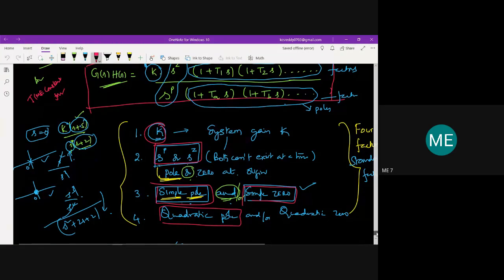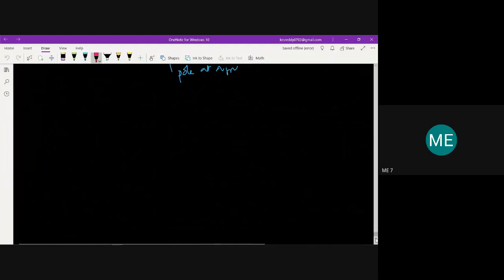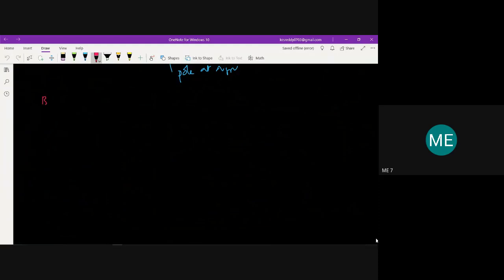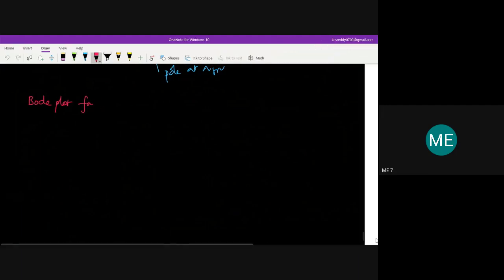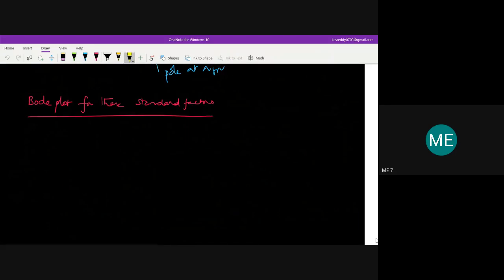Bode plot for these standard factors. What are those standard factors? First one, we take the system gain.